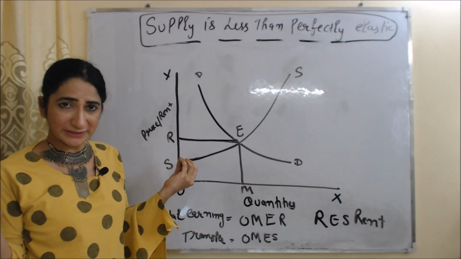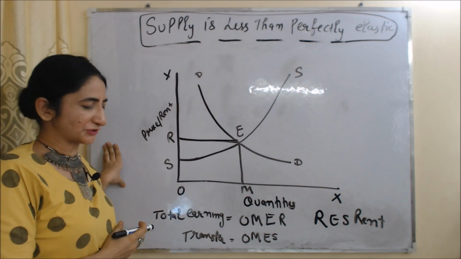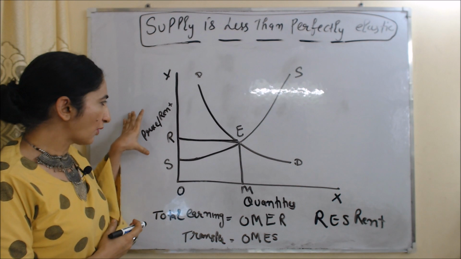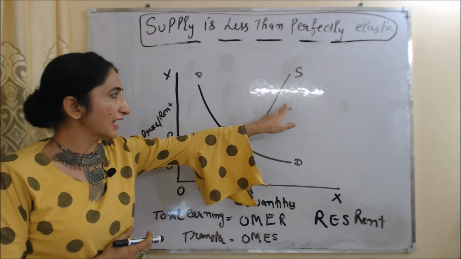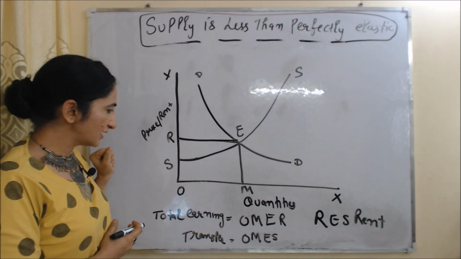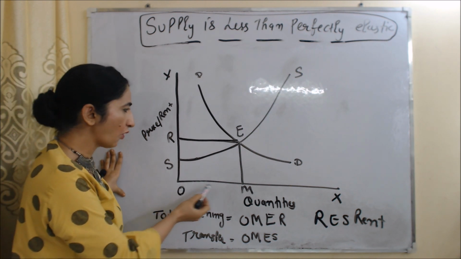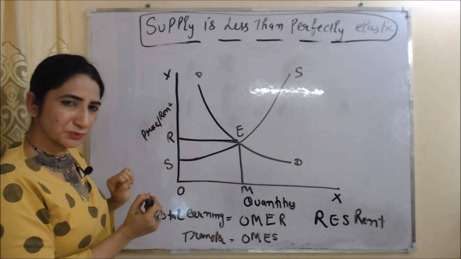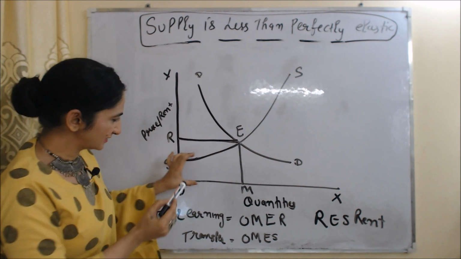Now with the help of this diagram, we will understand when supply is less than perfectly elastic. In this diagram, on the x-axis we have quantities and on the y-axis we have price or rent. DD is the demand curve, SS is the supply curve. Here our total earning, or we can say our actual earning, is equal to OMER, this part, and our transfer earning is equal to OMES, this part.